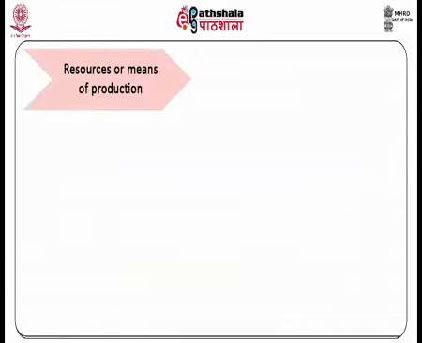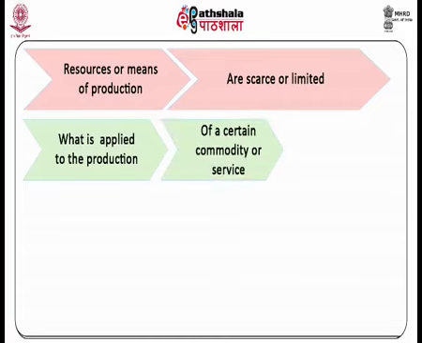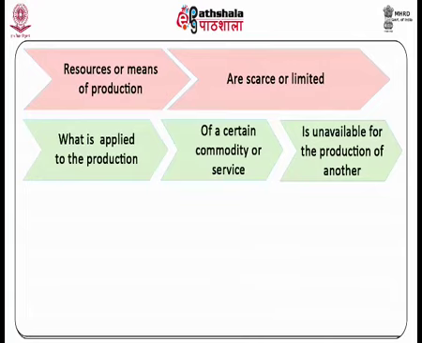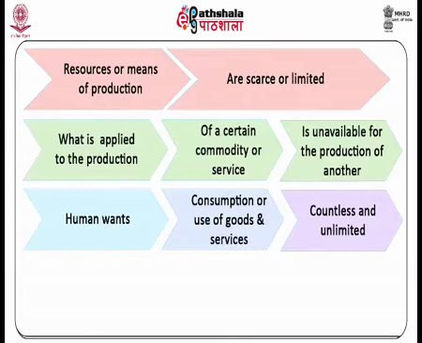Resources or means of production, land, labor, capital goods such as machinery and technical knowledge are scarce or limited. What is applied to the production of a certain commodity or service is unavailable for the production of another alternative one. But human wants for the consumption or use of goods and services, food, clothing, housing, education, entertainment, are countless and unlimited. So, people or organizations must choose among them.